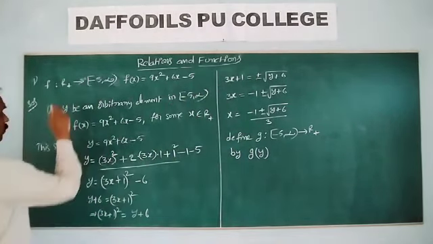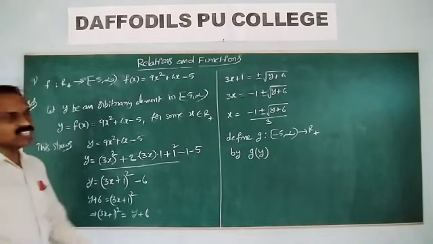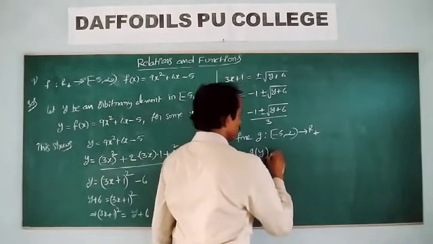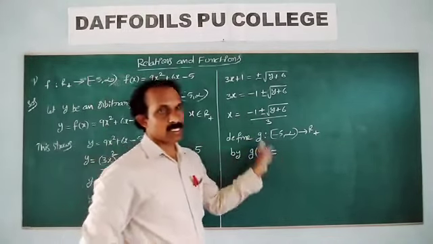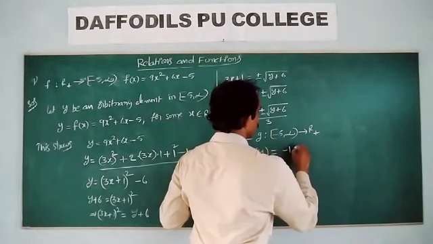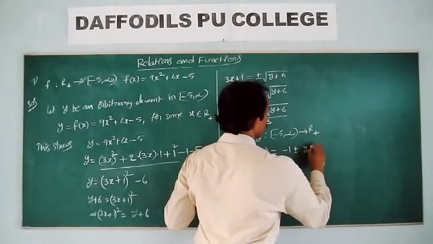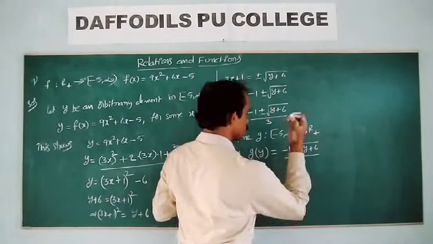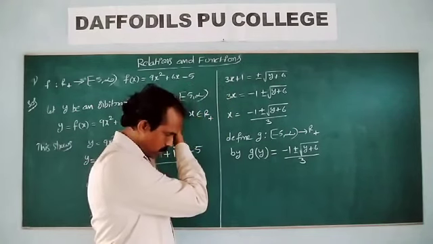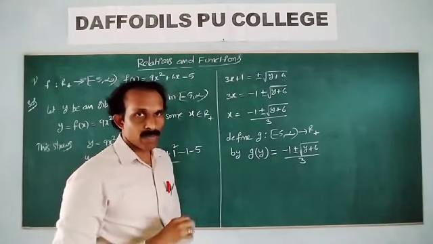For f we write f of x, for g we write g of y. f of x is equal to y, g of y is equal to x, so that is x equal to minus 1 plus or minus root of y plus 6, divided by 3. This is the defined function g.